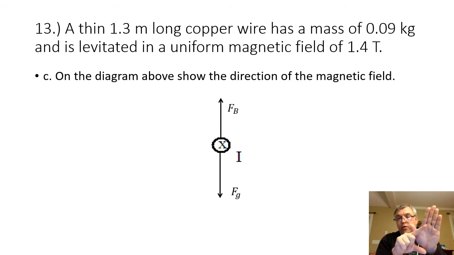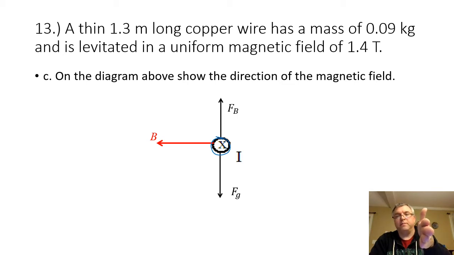So if I had an arrow shooting straight out of my palm, that would point in the direction of the magnetic field. So in this problem, we have the current in the negative z direction. That's what this x here signifies, that that is in the negative z direction. So I want to point my fingers toward the screen or into the page. My thumb is in the direction of the force, which is upward.